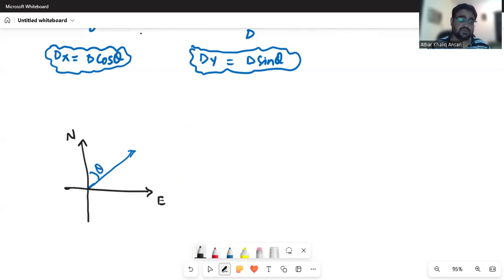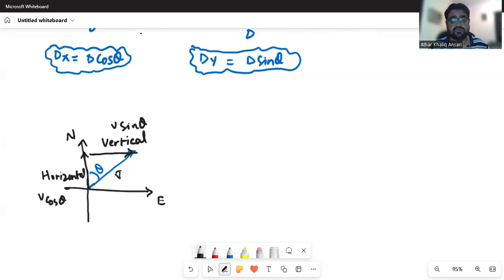For example, this component toward the north is now the horizontal component because it is adjacent to theta. If this is v, we calculate it as v cosine theta. This one is now vertical because it is opposite to theta, so it will be v sine theta.